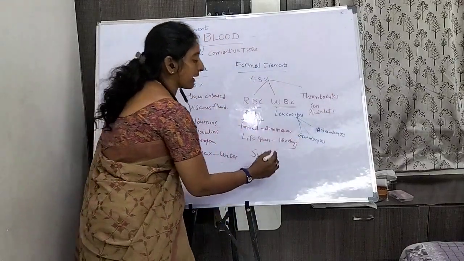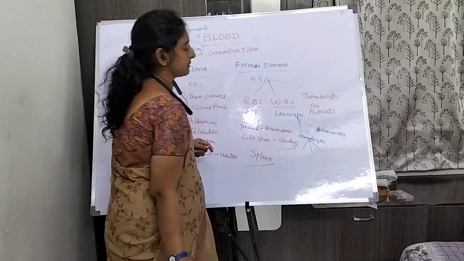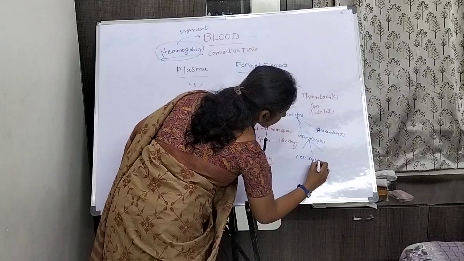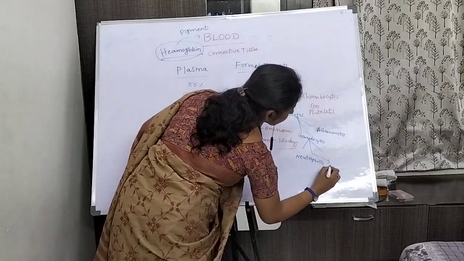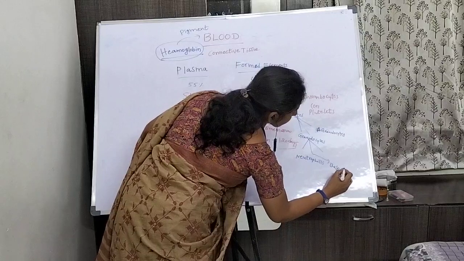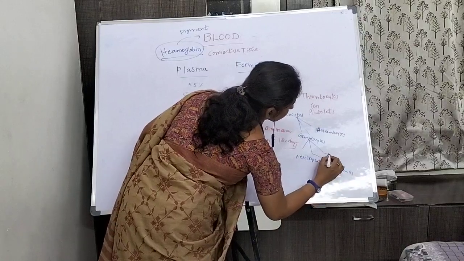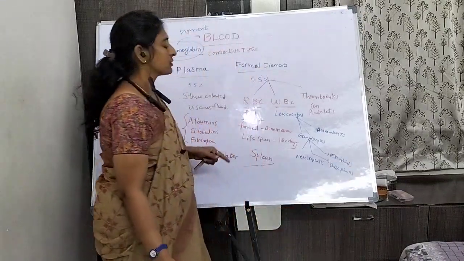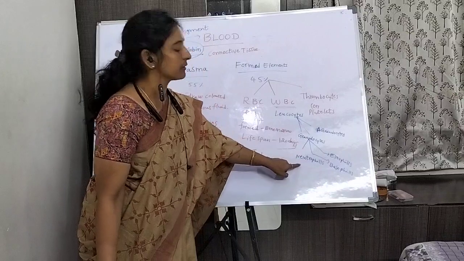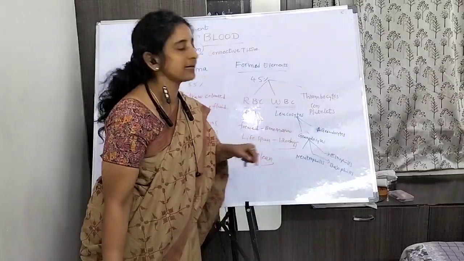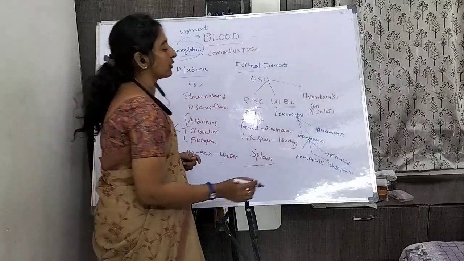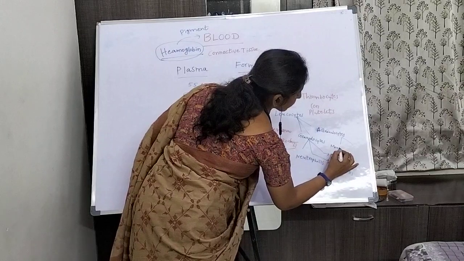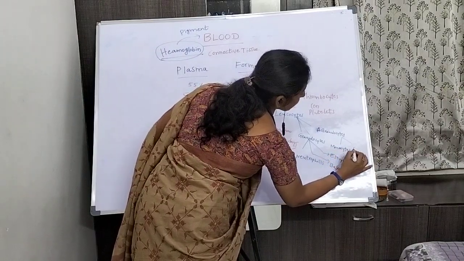Granulocytes can be divided into three types: neutrophils, basophils and eosinophils. Agranulocytes can be divided into two types: monocytes and lymphocytes.